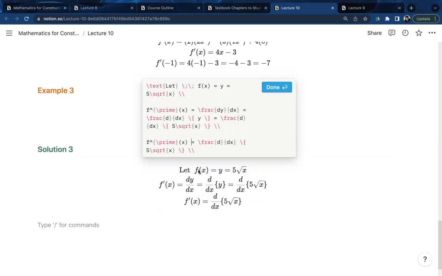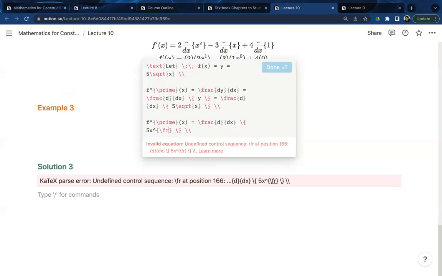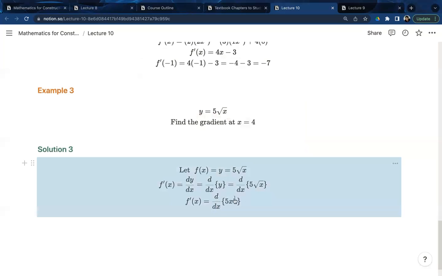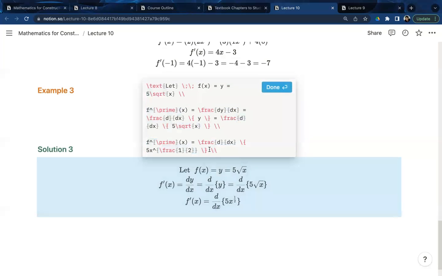I want to write the square root of x as x to the power of something. What is that? That's x to the power of a fraction. That's x to the power half, right? So I'm differentiating 5 times x to the power half. I could pull the 5 out. That's the first thing.